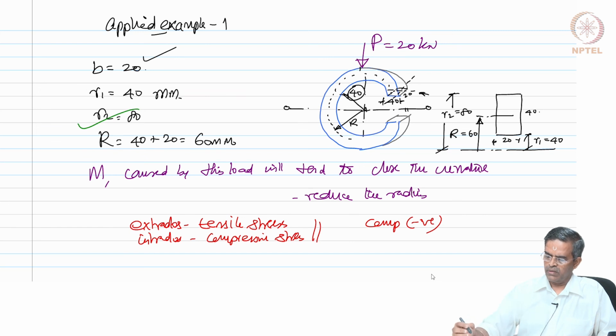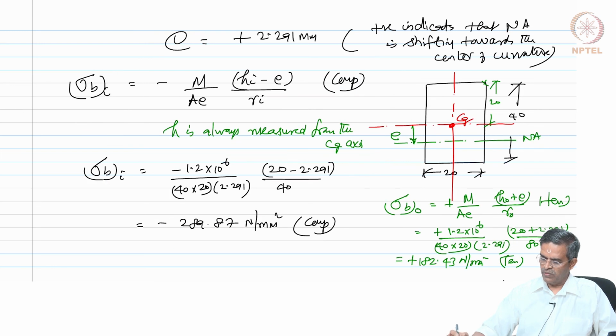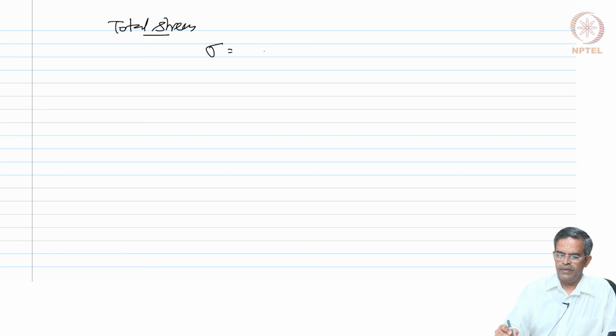So, I have the hook coming here, the ring is subjected to compression. So, this is the moment. So, extradas will be in tension and intradas will be in compression. So, we have these values with us. Okay, friends. So, therefore, the total stress will be stress direct plus stress bending.